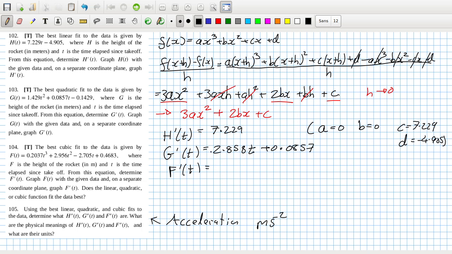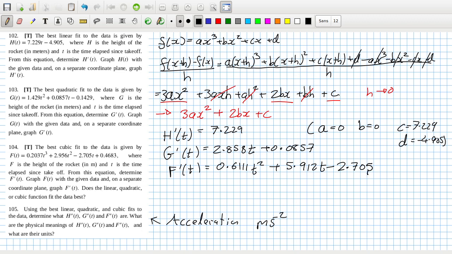And then the last one is 0.6111 t squared plus 5.912 t minus 2.705.